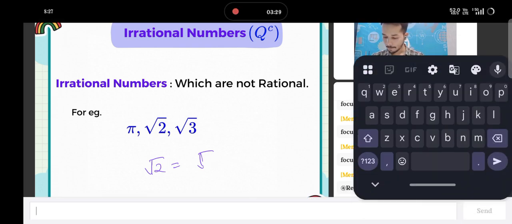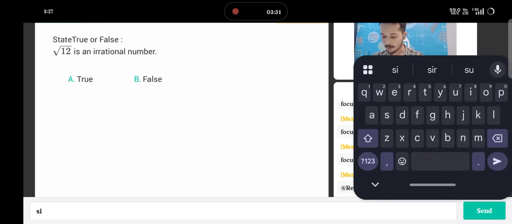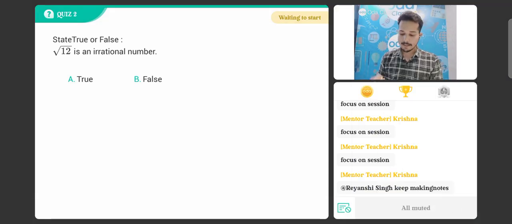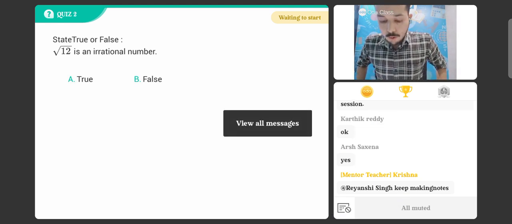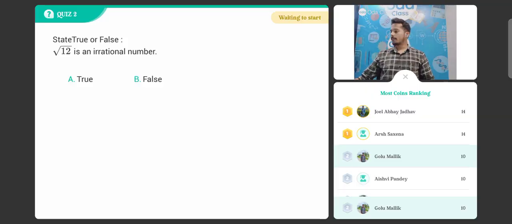Now, students, tell me. Let me see if your base is strong or not. Is root 12 an irrational number, everybody? Tell me.